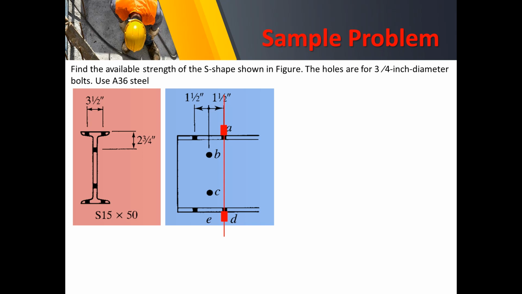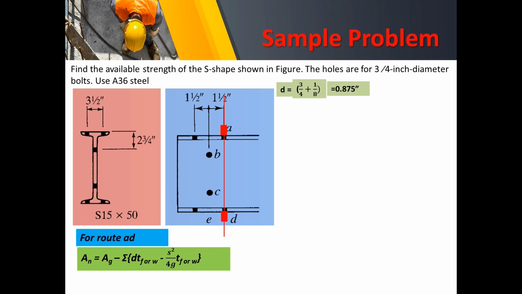So we start our calculation. First things first, we add 1/8 to your diameter, 3/4, and that would yield 0.875 inches. So for root AD, again, this is the equation. Your thickness here could be on the flange or the web.